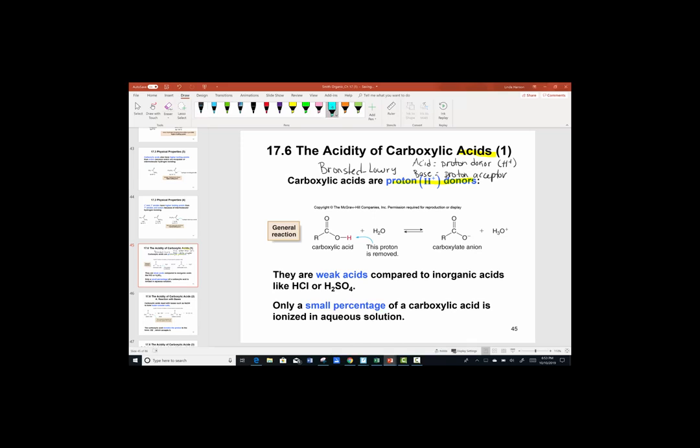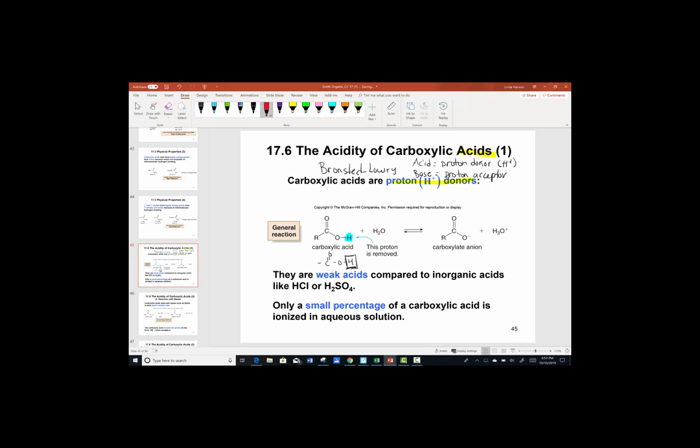We have a carboxylic acid, and right here is the proton acid in a carboxylic group. Remember the functional group, C double bond O, O, H. That's a carboxylic acid, where this is the proton, the hydrogen ion that is transferred during an acid-base reaction.